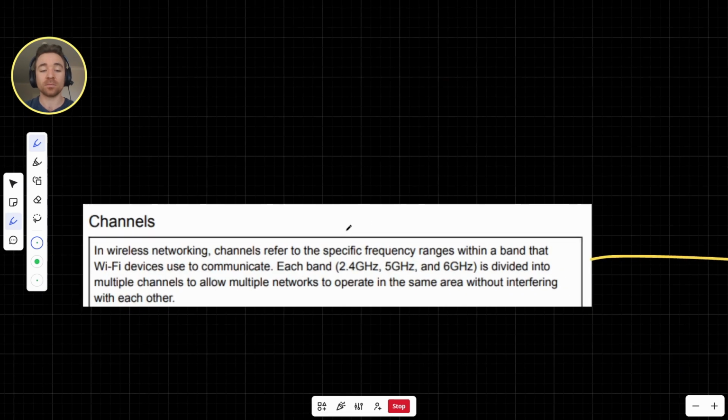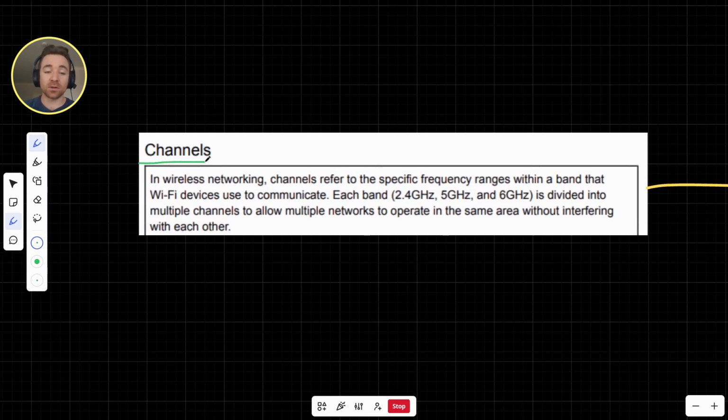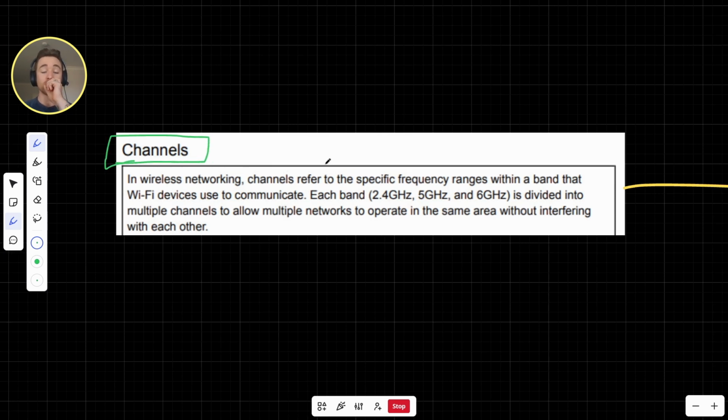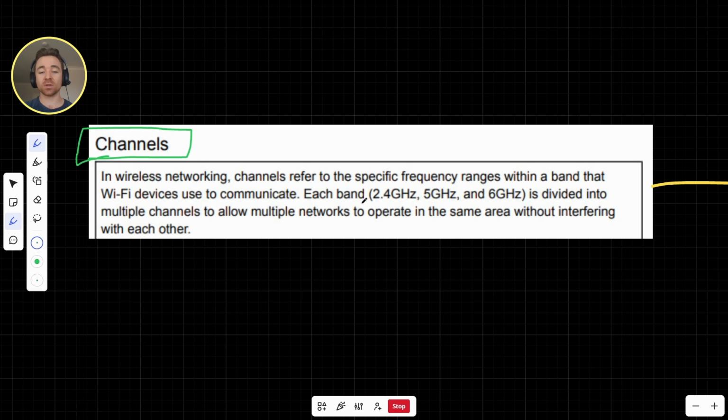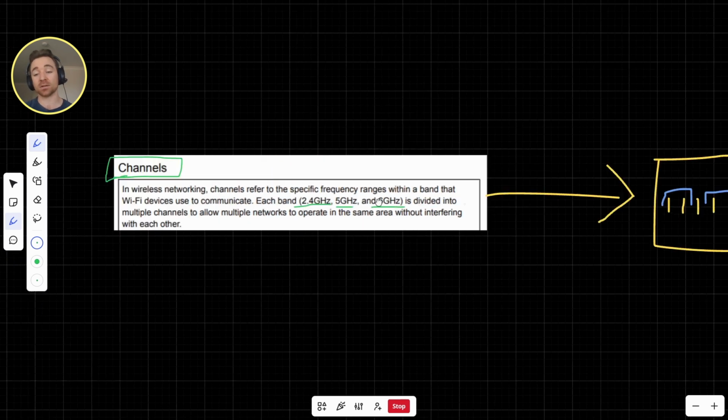Now, we're going to talk more specifically on the concept of channels and what that means. So we already talked about the frequency bands. We just looked at 2.4 gigahertz, 5 gigahertz, and 6 gigahertz, how some have more channels than others.